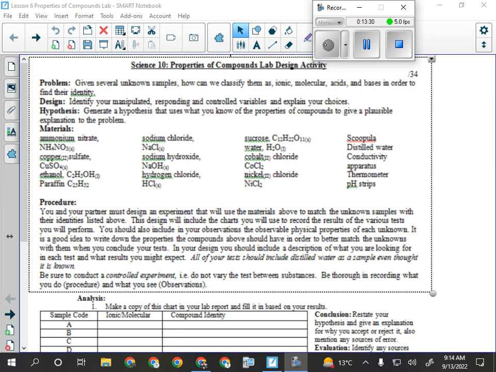I've given you 2 controlled variables, one procedural, one environmental.